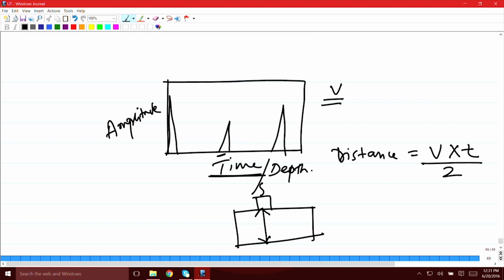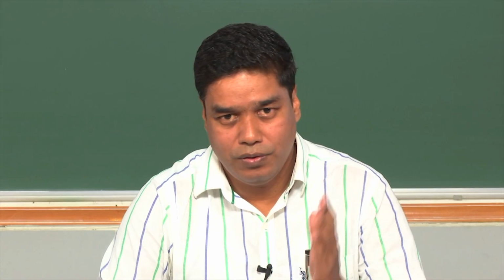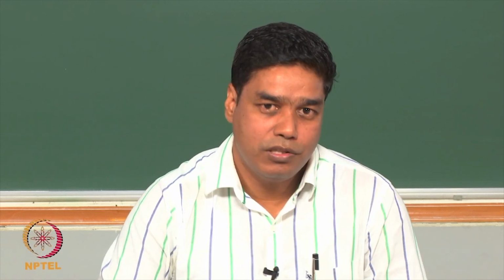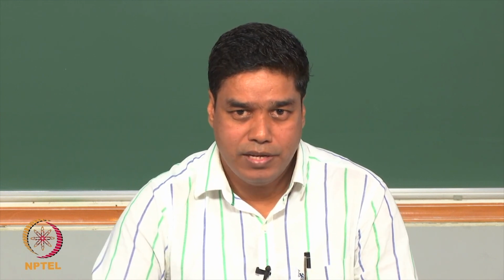But as you could see, this is primarily for a normal probe, which is going perpendicular to the surface like this. But there are many scenarios in which you have to use an angle probe, an incident angle, and for that case also you need to calibrate the instrument.